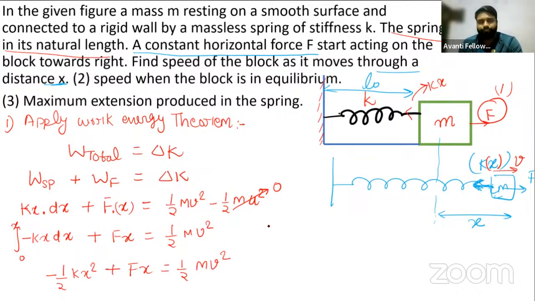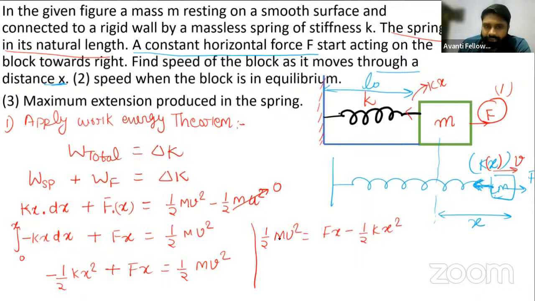So fx minus 1 by 2 kx square is equals to 1 by 2 times m v square. Now if you take the value of 1 by 2 m v square on the left hand side and make it fx minus 1 by 2 times kx square, and you just divide it by m by 2 on both sides, you will have v square equals 2fx by m minus, 2 by 2, then 2 will cancel, kx square by m.